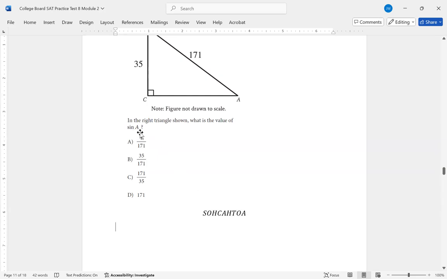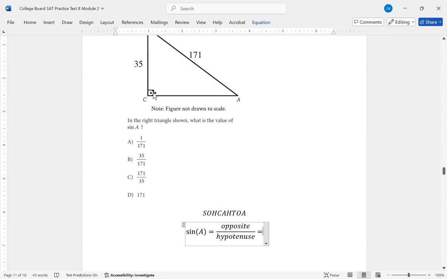Since we're trying to find sine of A, what we're going to do is look for the side opposite of A and then divide it by the hypotenuse. The side opposite of A is the 35.